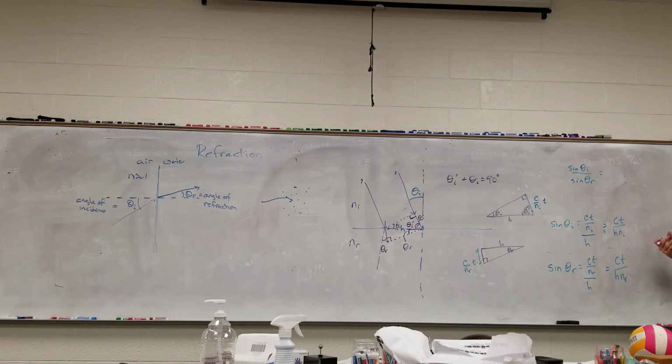And on the right-hand side, I have ct over h n sub I over ct over h n sub r. Don't forget, when I'm dividing fractions, that's the same as multiplying by the reciprocal, so this becomes ct over h n sub I times h n sub r over ct.